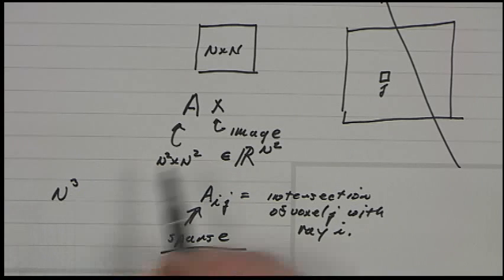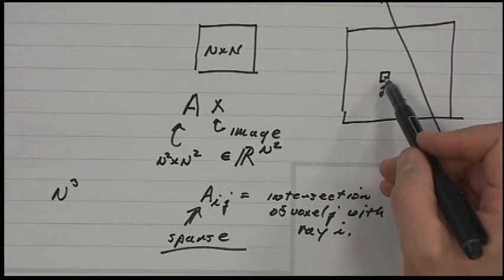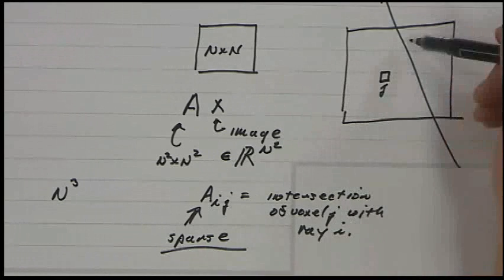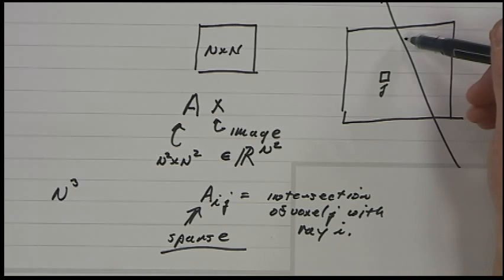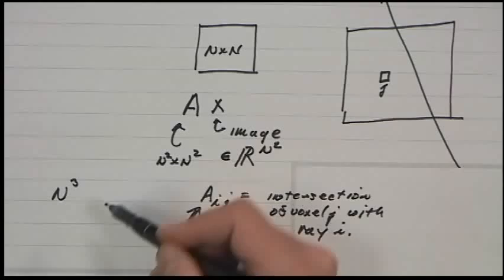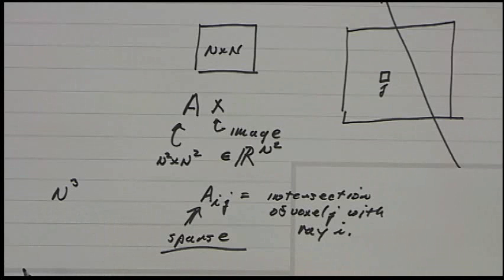Each voxel gets touched by roughly the projections at each angle, and there are usually about n projections at n angles. So instead of being n to the fourth, the number of non-zero entries is n cubed. So the forward projection is typically complexity n cubed. But there are algorithms to make it faster.